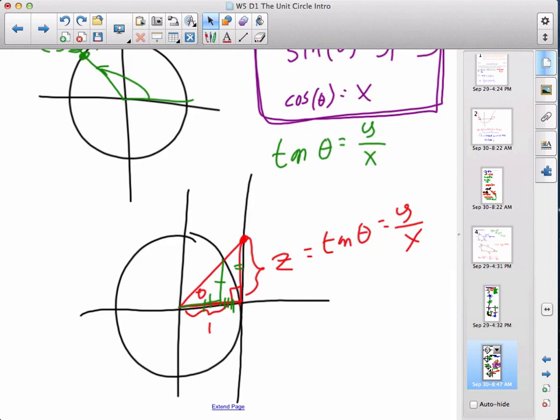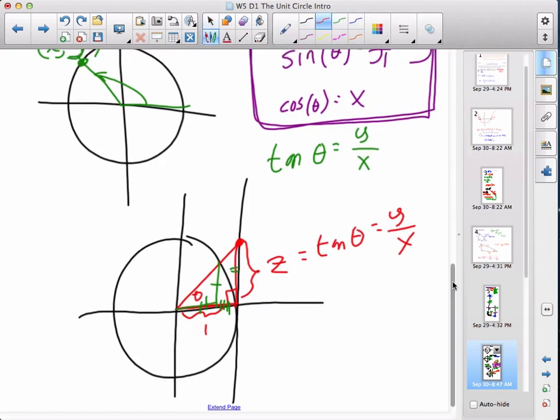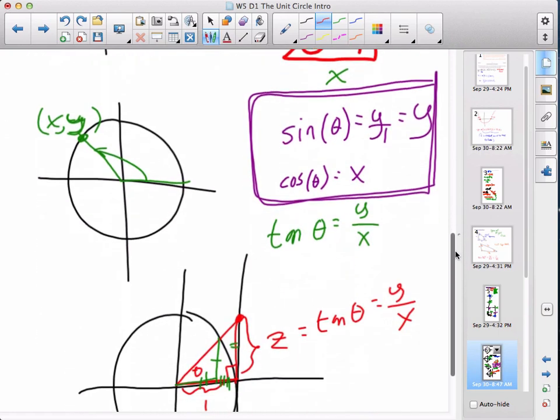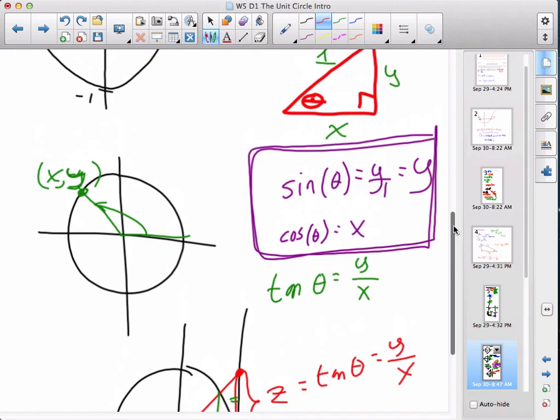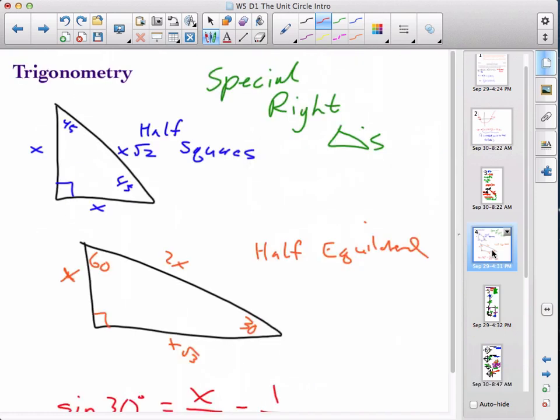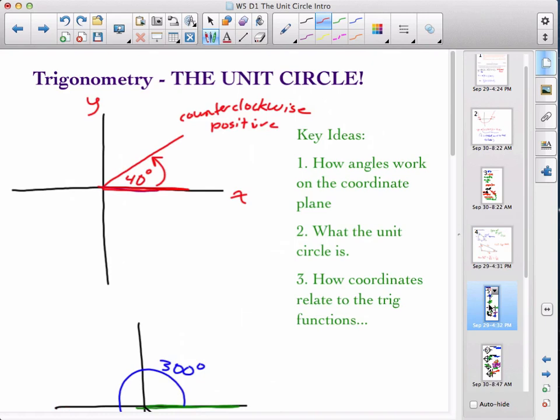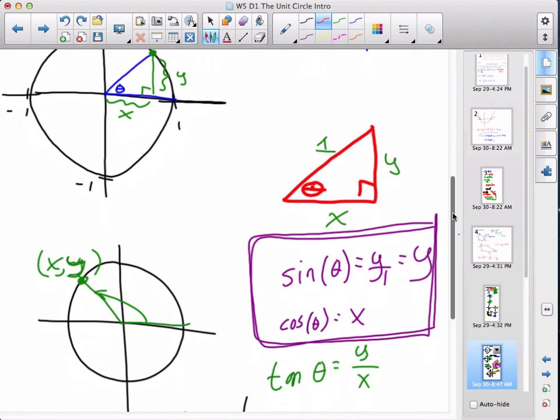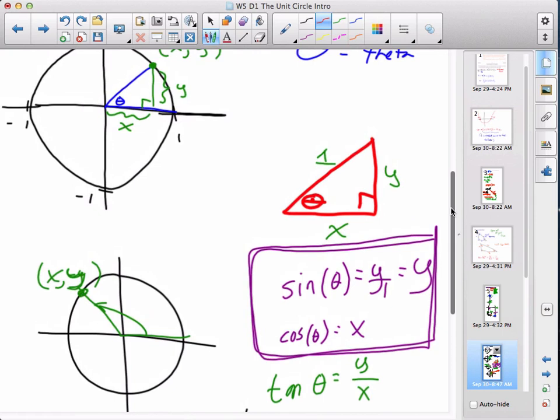Okay, so today we're going to be using what we just learned about how the unit circle works, these three key ideas right here, and what we recall about our special right triangles, half squares and half equilaterals, to actually find sine, cosine, and tangent of different angles using the unit circle.